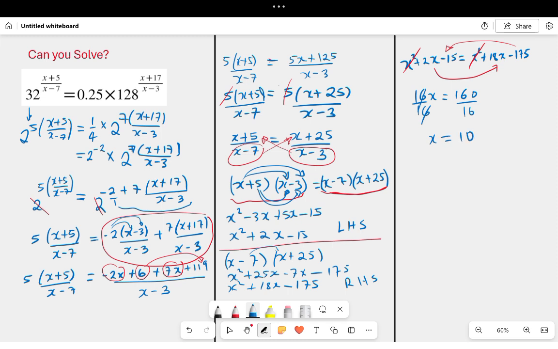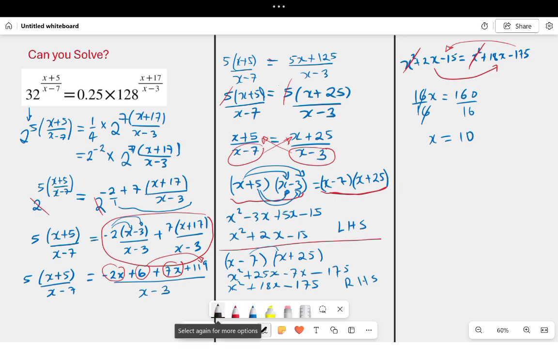Now, before we accept this solution, we have to interrogate it. Remember, the equation at the beginning was, okay, let me write it again.